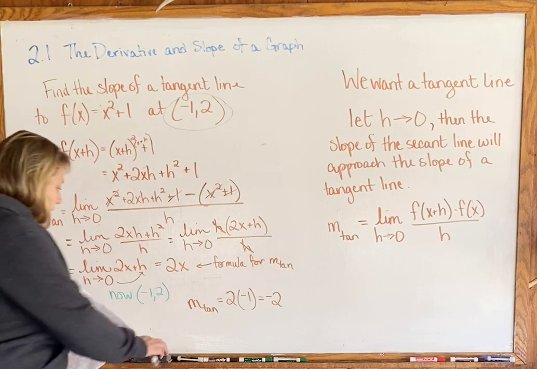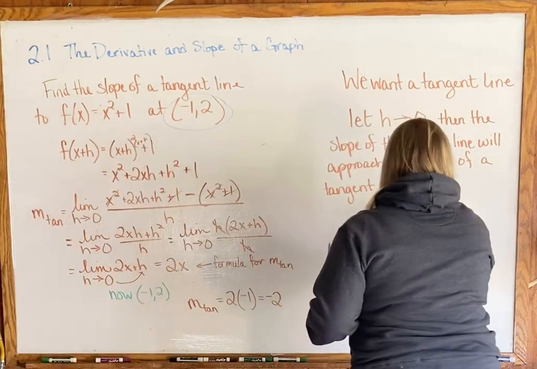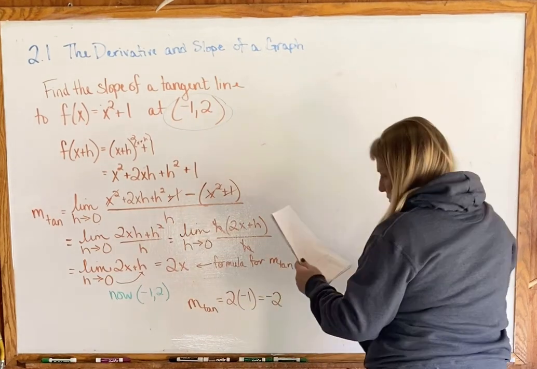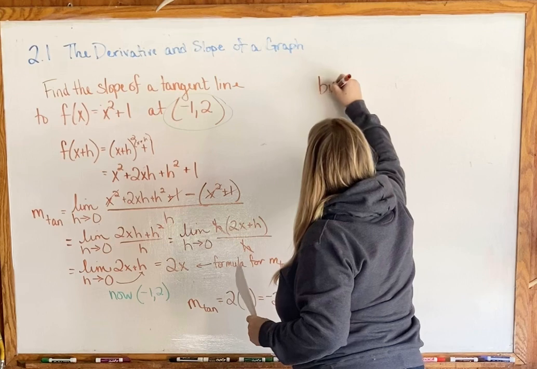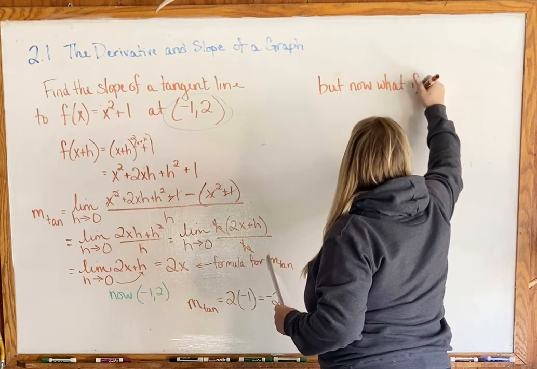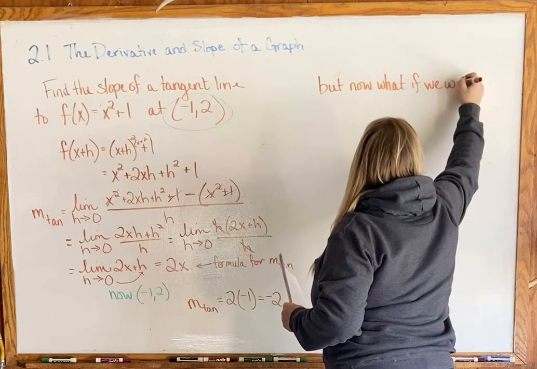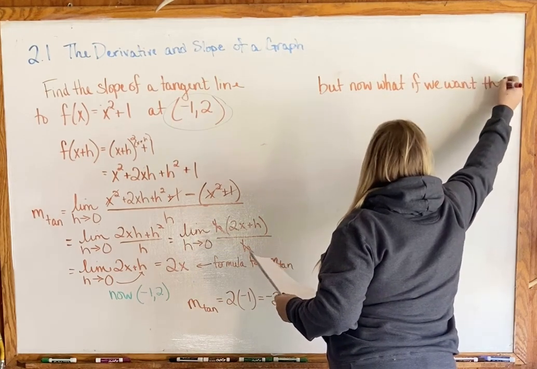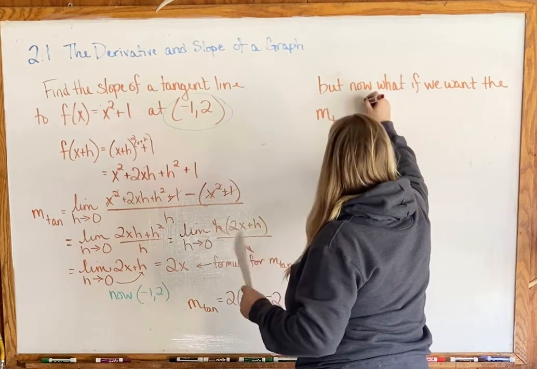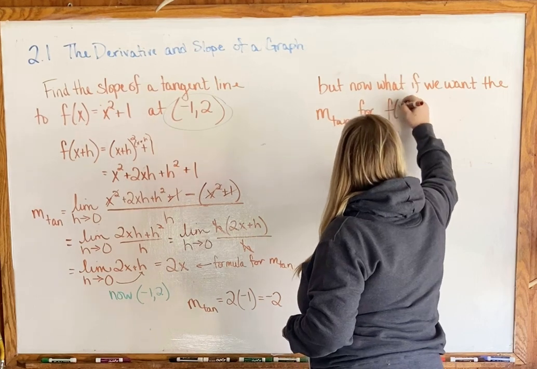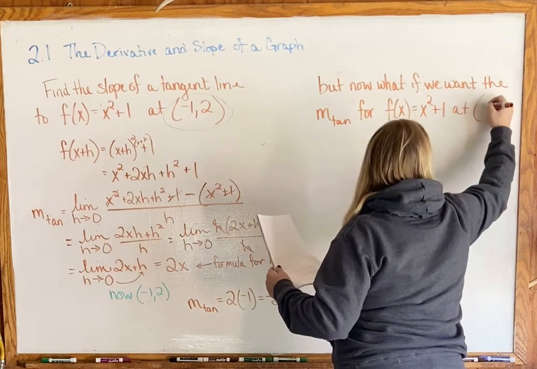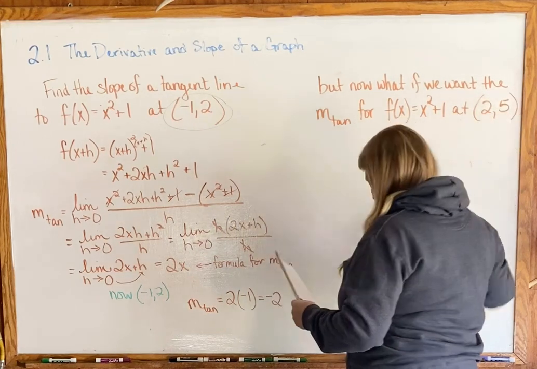Now though, I have another question for you. But now, what if we want the tangent line, the slope of the tangent line, m tangent, for f of x equals x squared plus 1 at the point 2, 5.